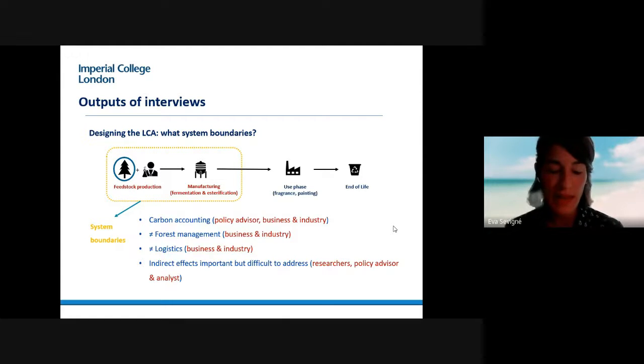So this means how we, by using these forestry resources, are going to affect others that are using them to produce, I don't know, timber or to produce heat. How are we going to displace these uses, and what are going to be the indirect consequences associated to that? This is very complex, but they believe that in further stages of the project, we need to look into these indirect consequences.